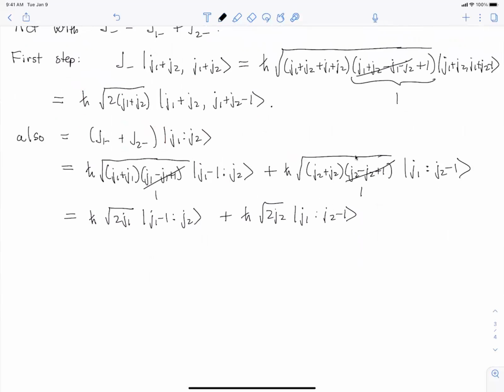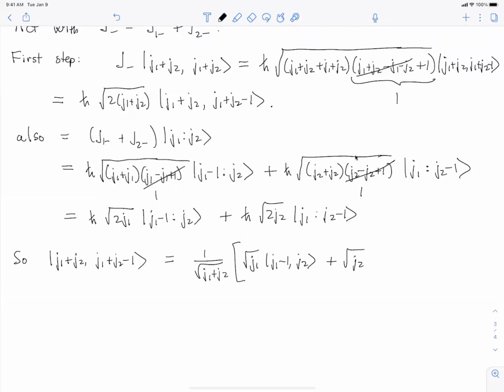The result that we get is |J1+J2, J1+J2-1>, again in the total angular momentum basis, is equal to 1 over the square root of J1 plus J2 times square root of J1 |J1-1: J2> plus the square root of J2 |J1: J2-1>.